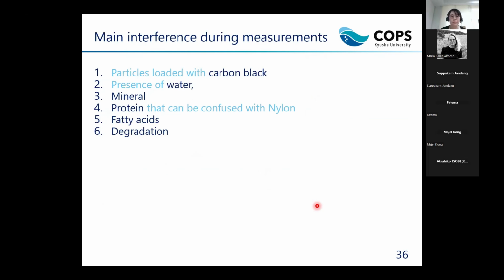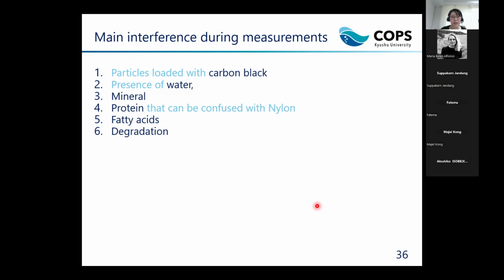And also, some interference is there. For example, some FTIR methods cannot measure carbon black, and the presence of water affects the sample spectra.